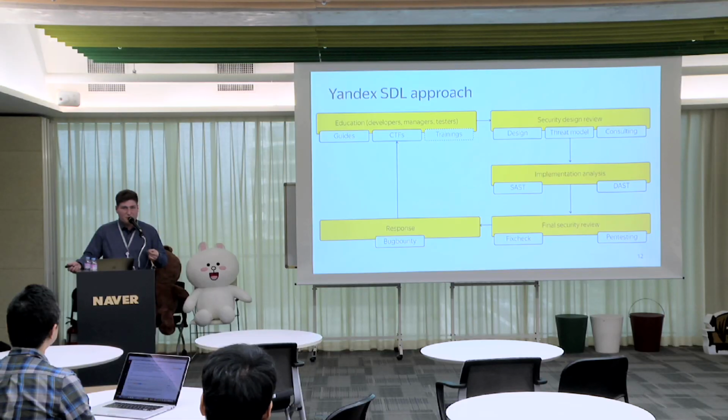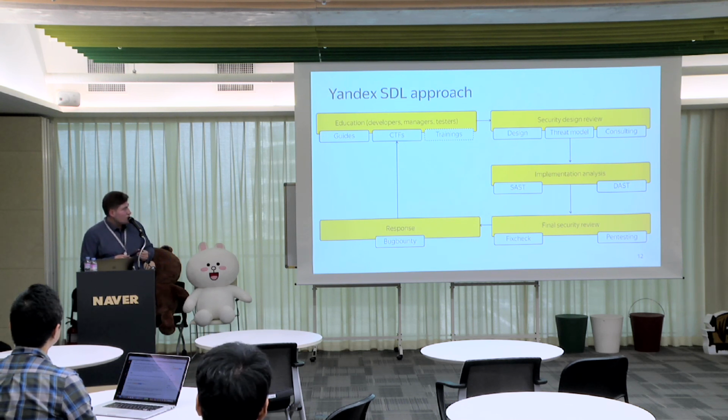It's very easy to create tests for developers, for example, with multiple choice answers or even with open answers. So we use it for creating the test for developers. And after reading our guides, we think that the developer should pass our test. If he passes our test, he gets a special achievement in our internal social network called Staff.